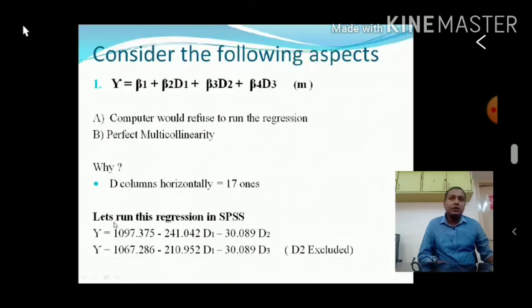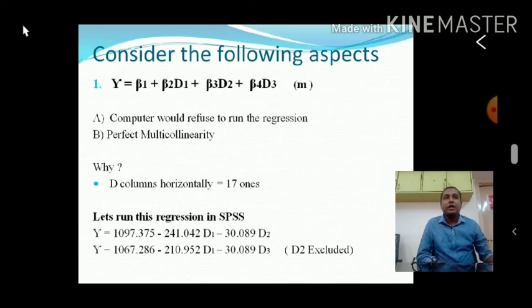When you run the regression function in SPSS with the basic rule m minus 1, you have beta 1, beta 2, d1, d2, where you have only two dummies. With that regression function, we get the result 1097.375, 241.042 for d1, and 30.0889 for d2.